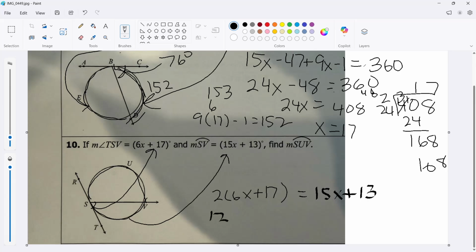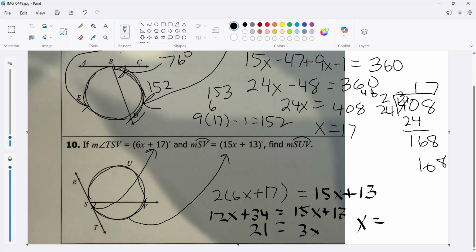So this is 12x plus 34 equals 15x plus 13. And I will subtract 12x from both sides, 3x. I will subtract 13 from both sides, equals 21.